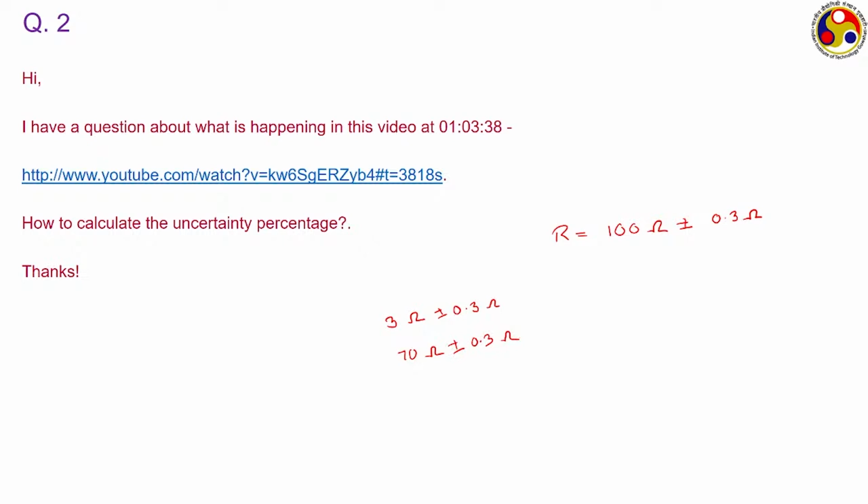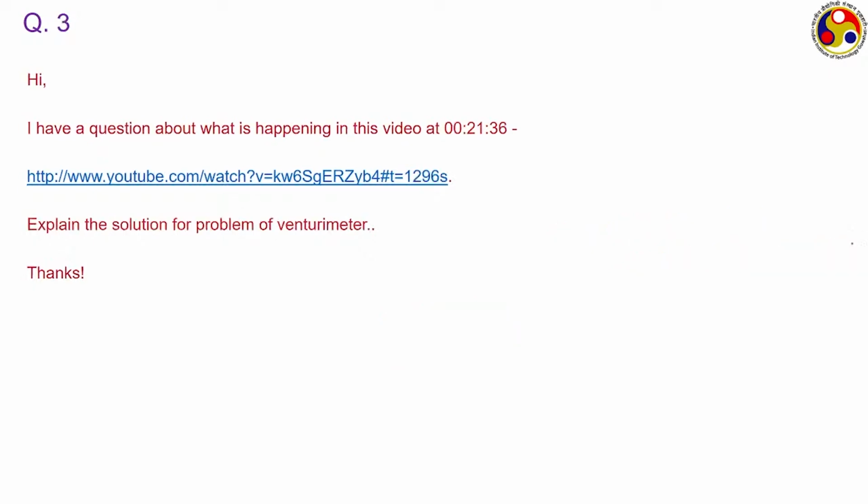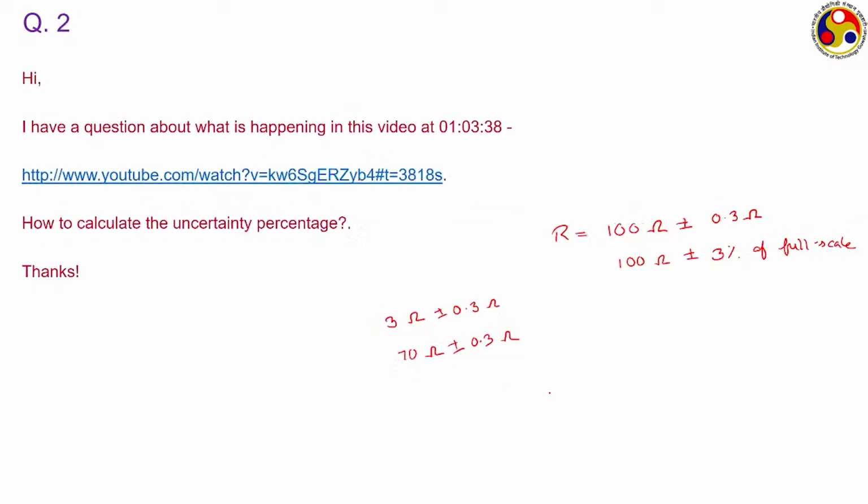However, for the percentage, just as I mentioned, there are two ways of mentioning the percent. One is if it is given as 100 ohm plus minus 3% of full scale. This 3% of full scale is nothing but the absolute one only.